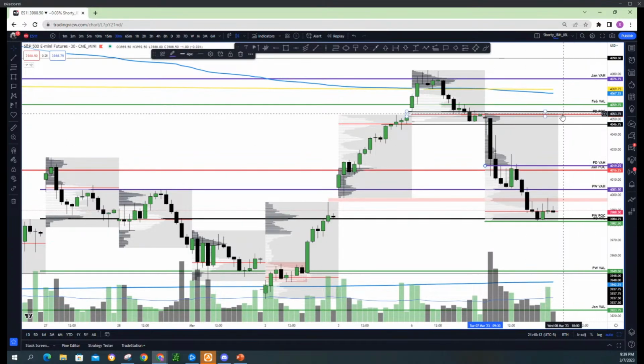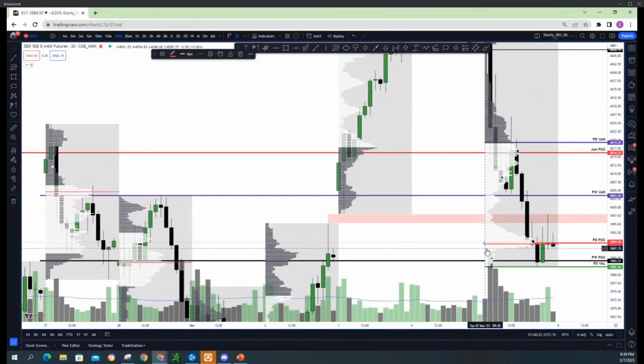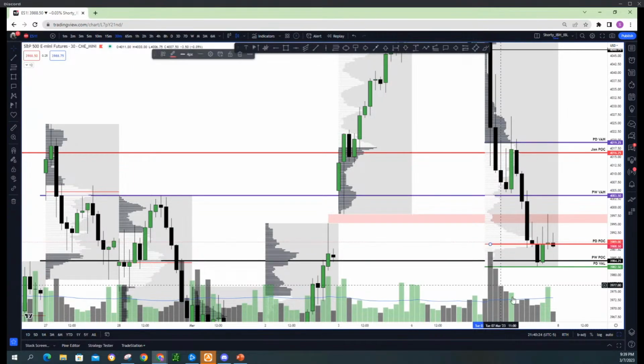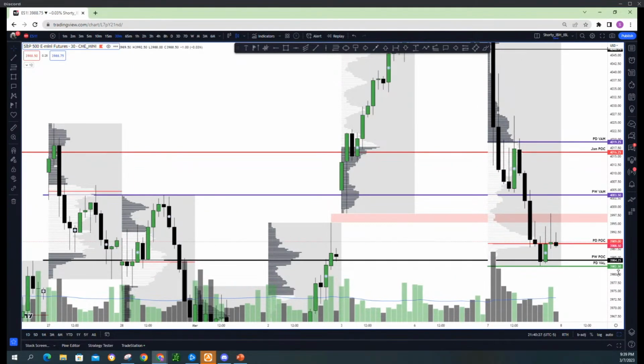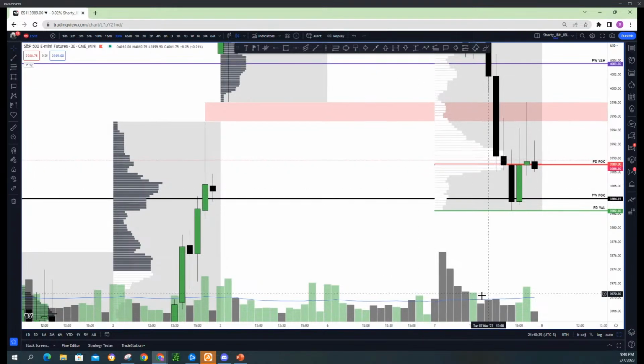Is that what you guys have? I have the low at 39.8250, the POC at 39.8950, and the value area high at 40.22. No, sorry, let me see. Hold on a second. 40.22. 40.21.75.